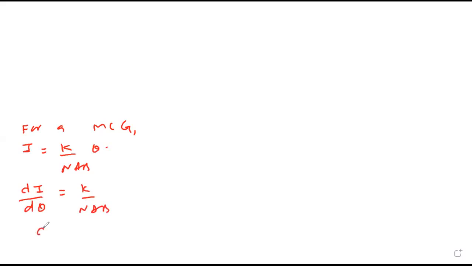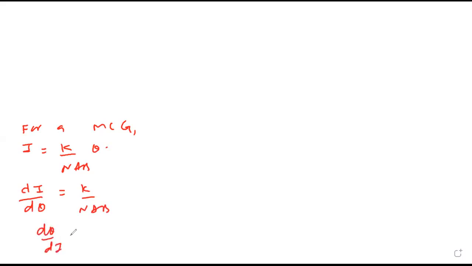For a moving coil galvanometer, current I is K upon NAB into theta. We are interested in d theta by di, so I'm just taking derivative. Di upon d theta is K upon NAB.